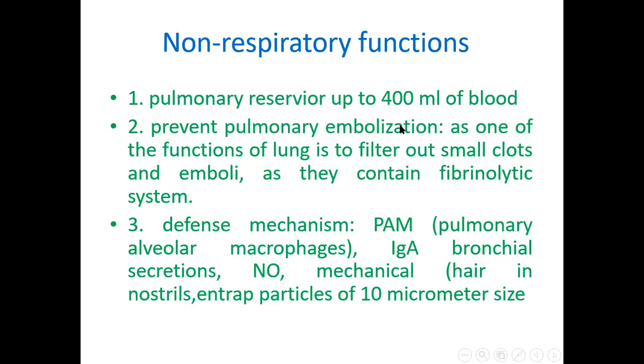Prevent pulmonary embolization, as one of the functions of the lung is to filter out small clots and emboli, as they contain a fibrinolytic system.